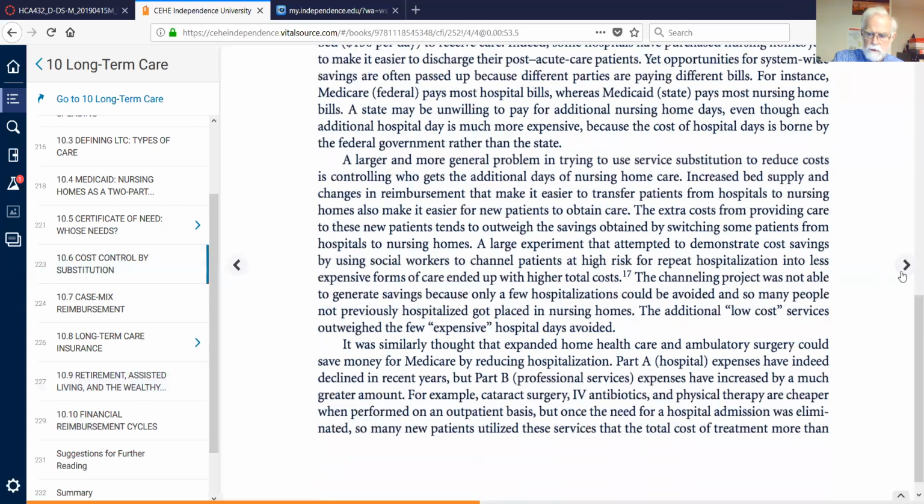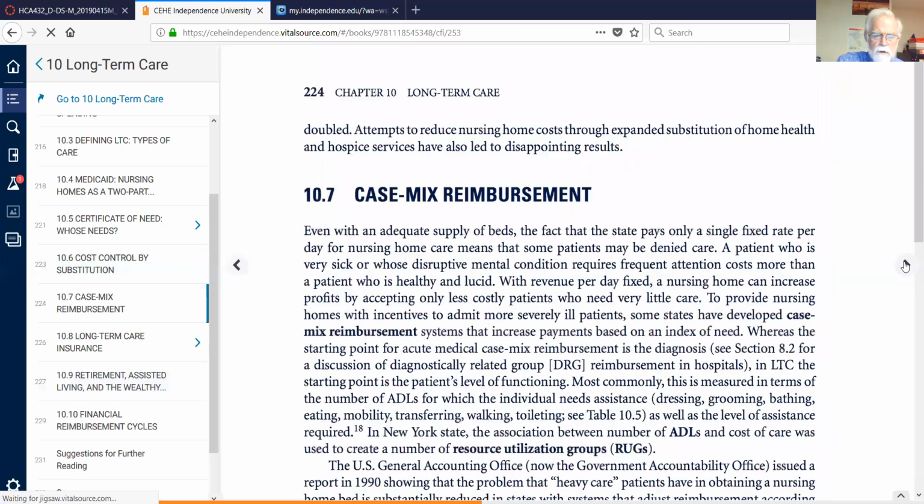A lot of these things are being covered by different parts of Medicare, and so this hasn't been able to be done very well.